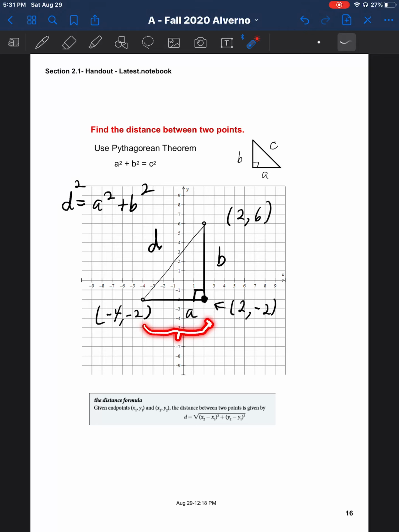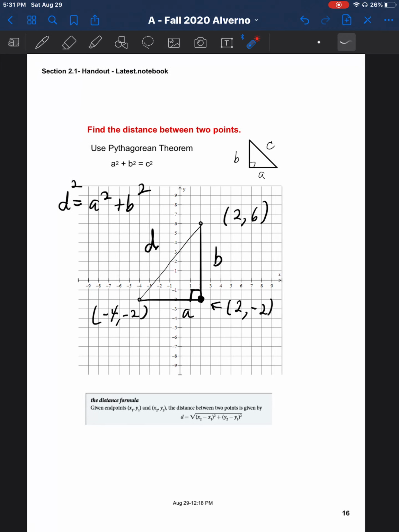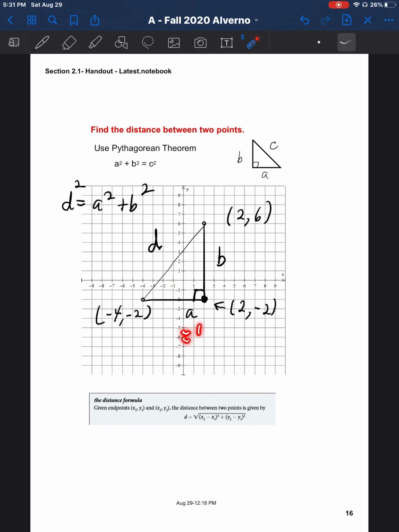And notice the y value here does not change. In this case, it's minus 2, minus 2. So the value that we're talking about is here. So we want to figure out what that distance is. So what we're going to do is take the x2 minus a minus 4. That gives me a plus 6. And that would give me this value here then as being 6.